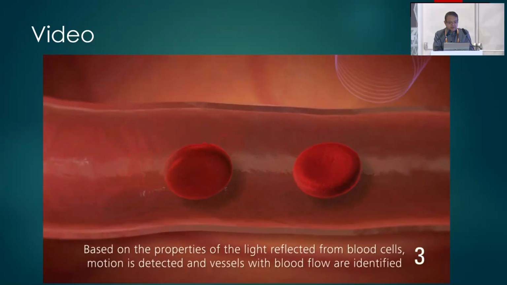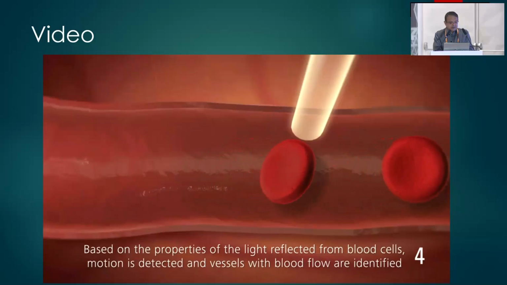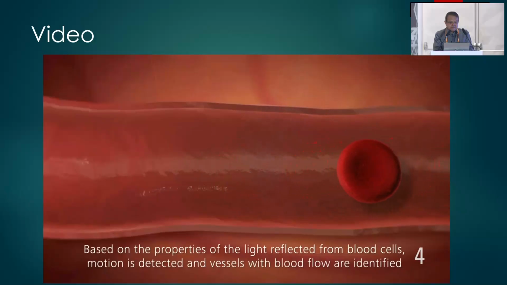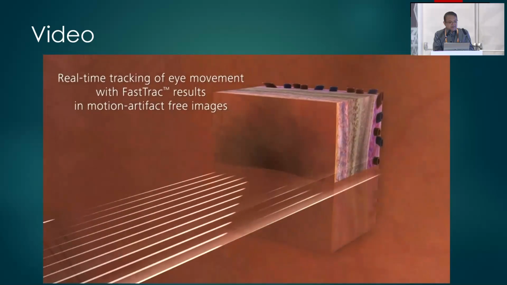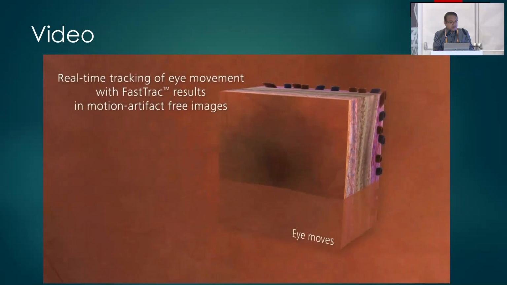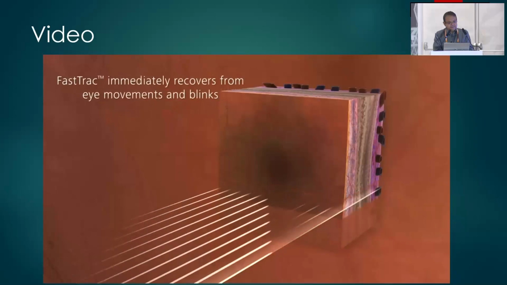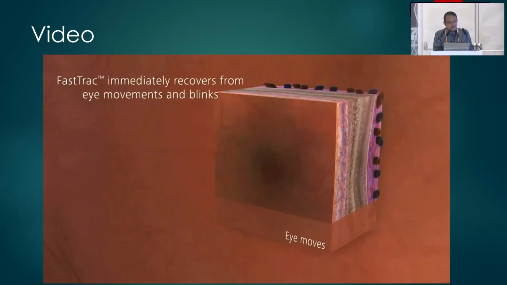Based on the property of the light reflected from RBC, motion is detected and vessels with blood flow are identified. Real-time tracking of eye movement with FastTrac results in motion artifact-free images. Immediately recovers from eye movements and blinks.